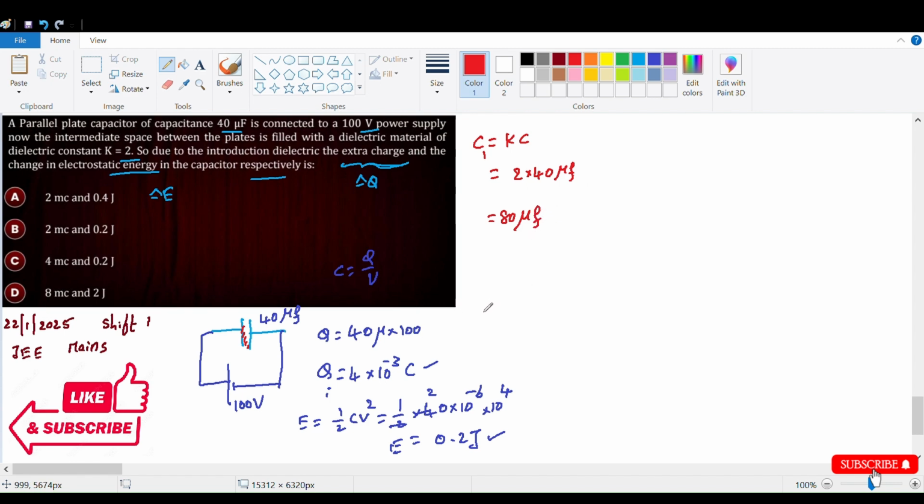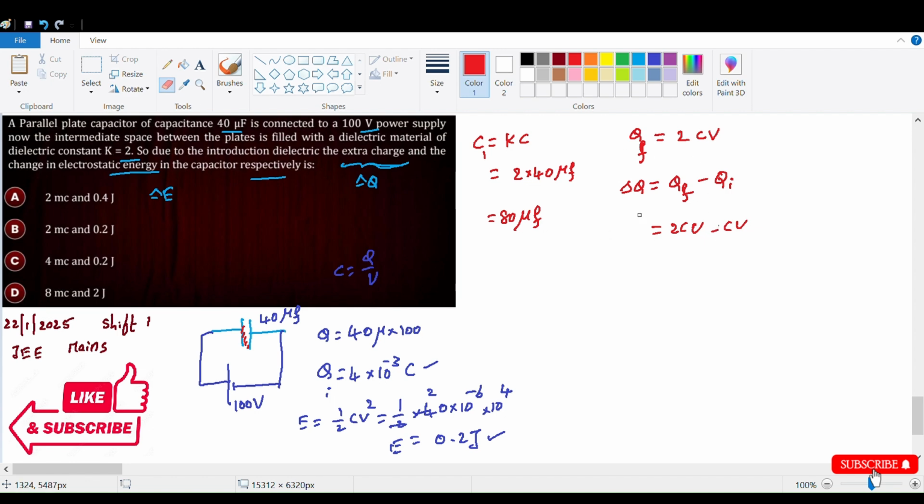Now they are asking Q dash, Q new will be C into V. Double it became, 2 times, 2 into CV it became. Now here CV, here 2 times CV. Means how much is the change? Change will be final minus initial, right? 2 CV this is, and this is CV.